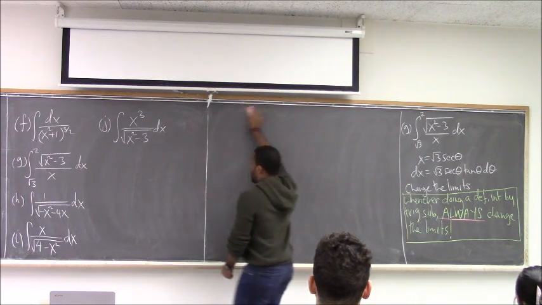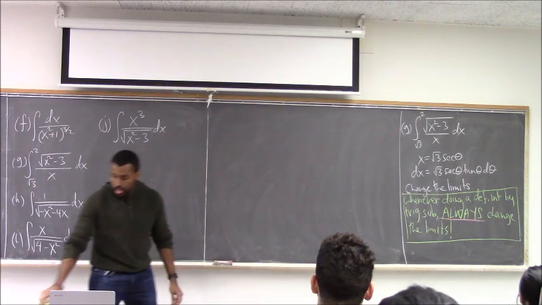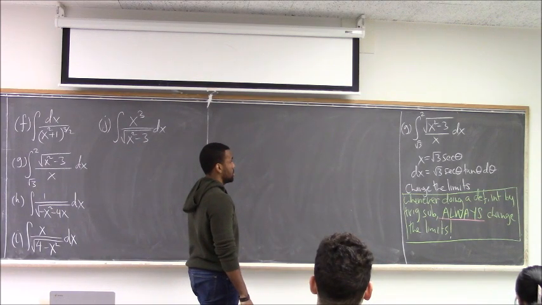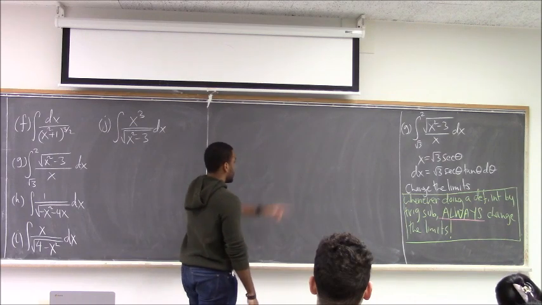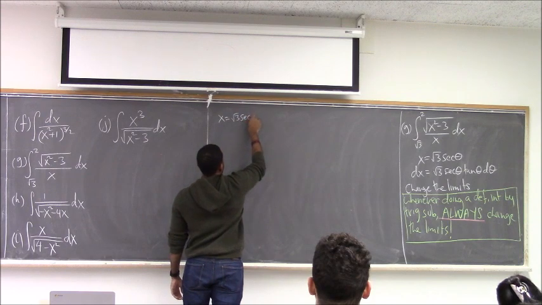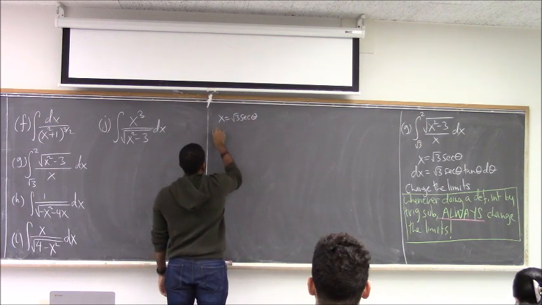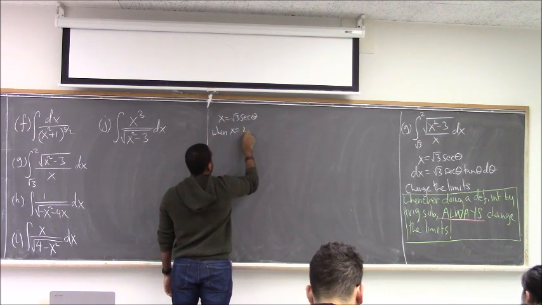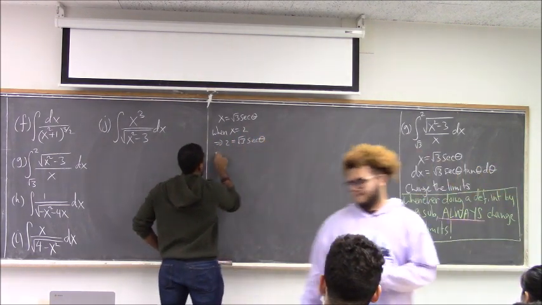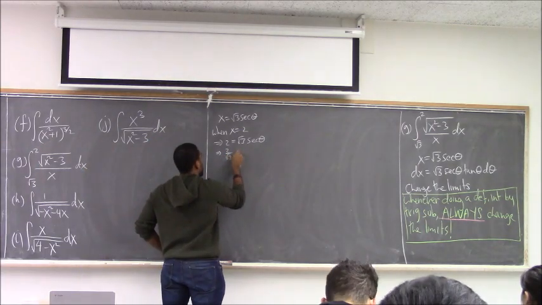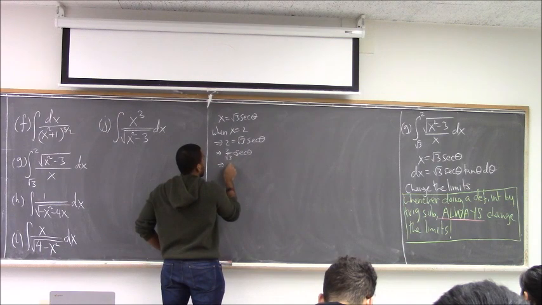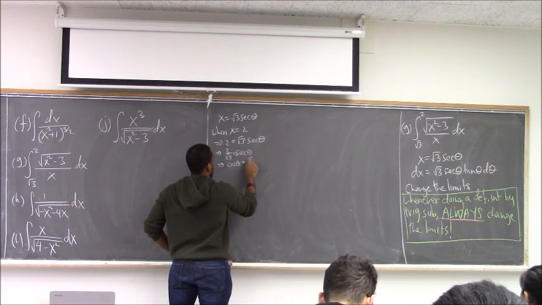So how do you change the limits? What do you use to change the limits? Right, so you have x equal to radical 3 secant theta, and so when your x is 2, this means you have 2 equals radical 3 secant theta, which means that 2 over radical 3 is equal to secant theta, which means cosine of theta is radical 3 over 2.